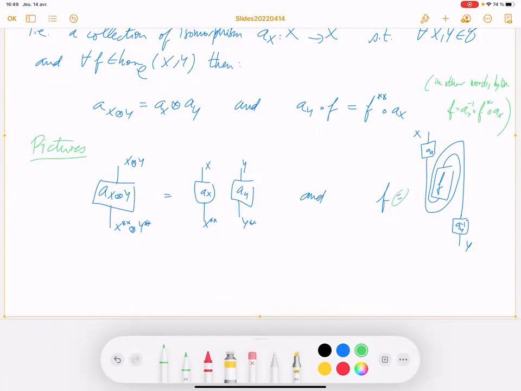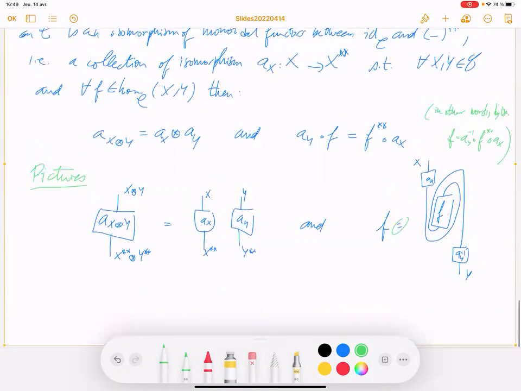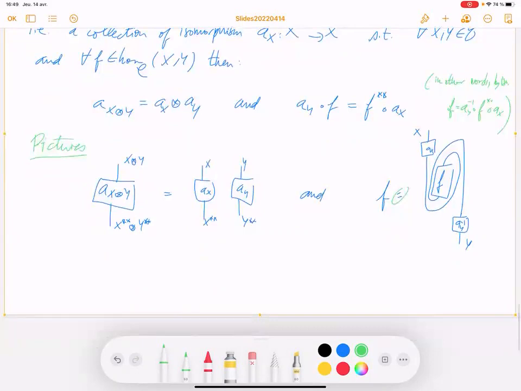Okay, so it's quite good. In fact, with a pivotal structure, if you have something which is too much, something like that, you can replace it by the pivotal structure.